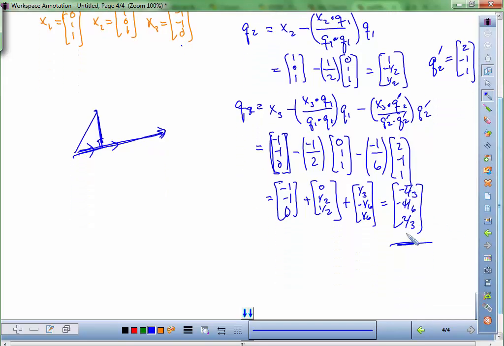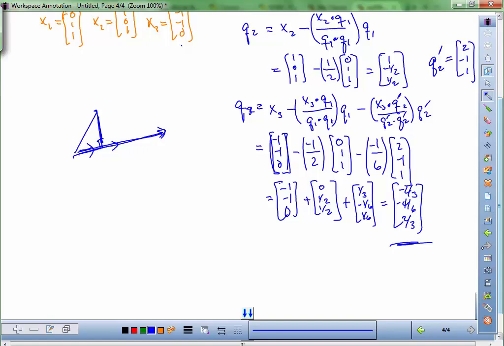And then the third one would be this, or some scalar multiple of this. Since we are just talking about a set of basis vectors, there's no restriction on the size, right? But if for some reason you want it normalized, then you would have to go to each of those vectors and normalize it.